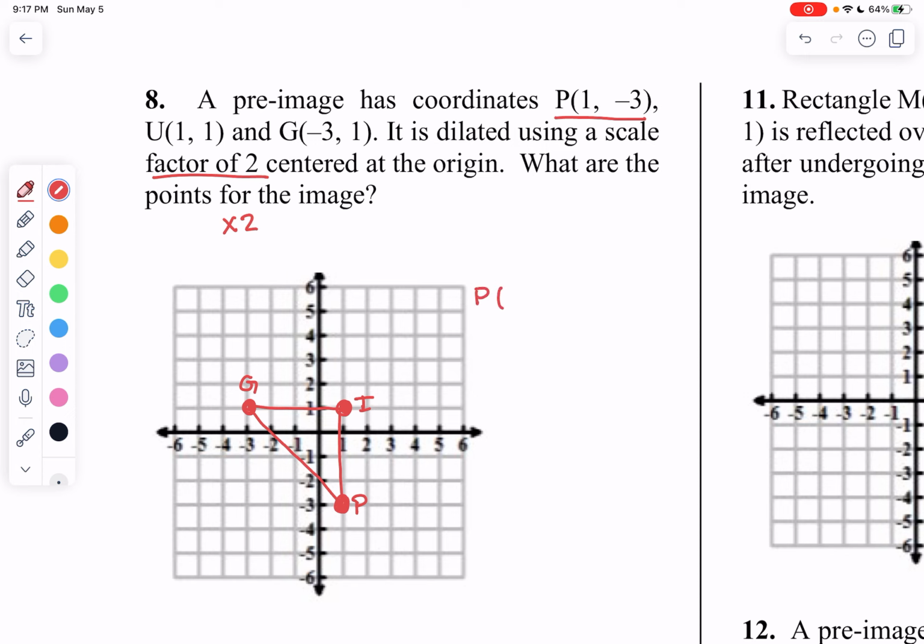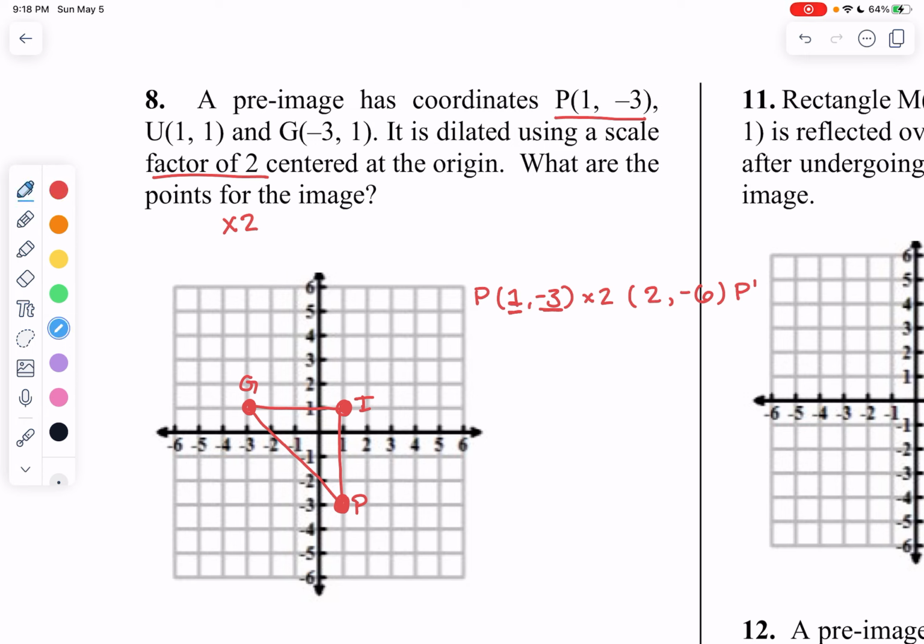So, to dilate this point, (1, -3), that would be multiplying both the x and the y by 2, all right? So my P prime would be 1 times 2 is 2, and -3 times 2 is -6. So (+2, -6) is going to be my P prime.